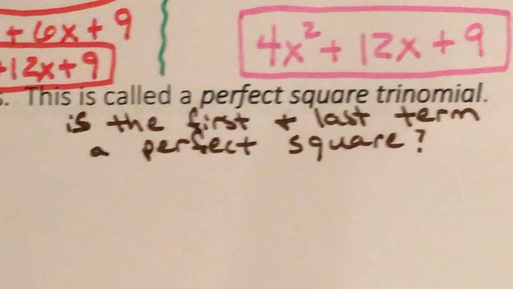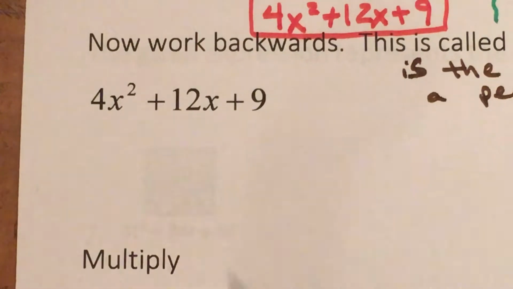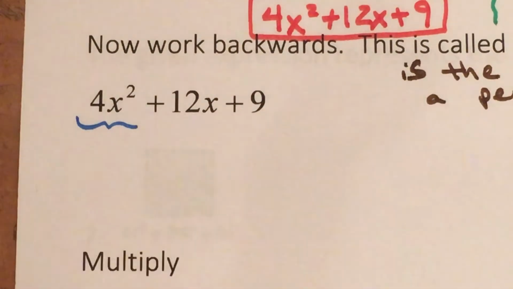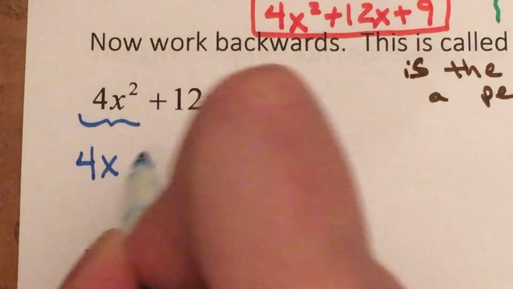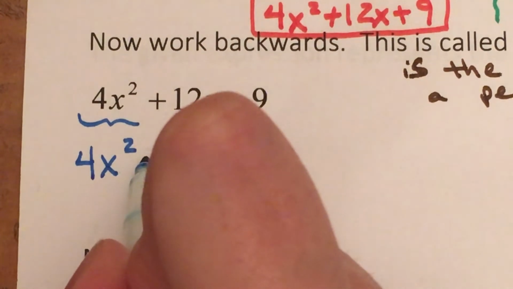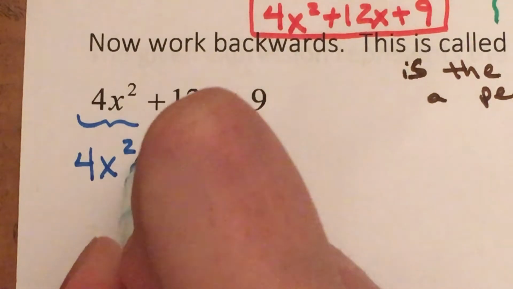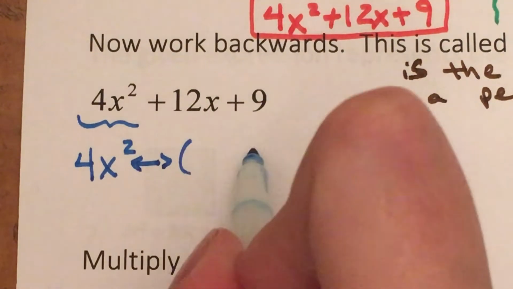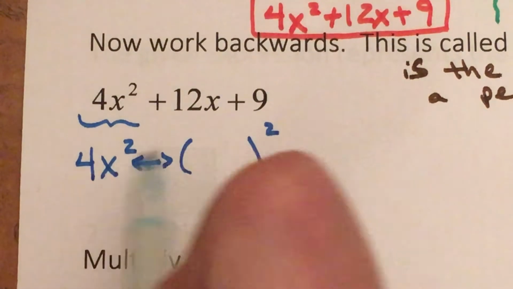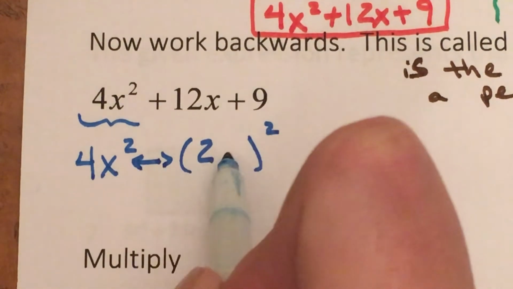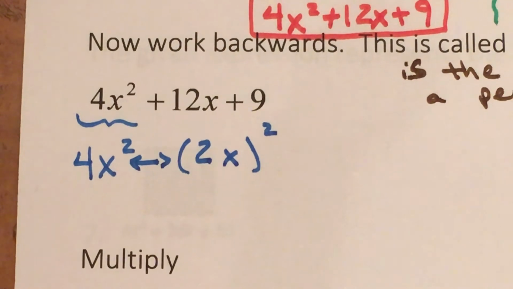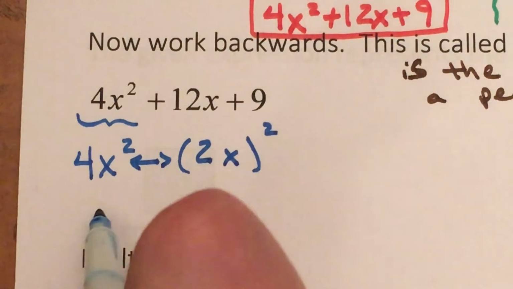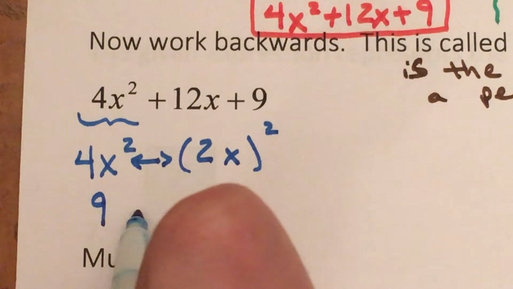So let's do this example real quick. First term, is that a perfect square? It sure is. 4x squared. What would that have come from? Well, 4 comes from 2, x squared comes from x. Great. My last term, 9, is that a perfect square?